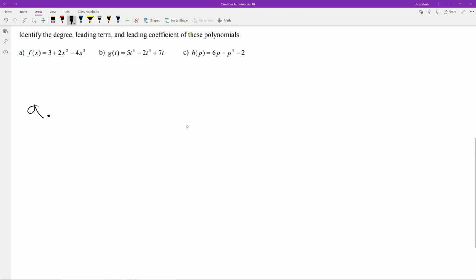Let's see, for f of x here, the highest power that I see, so I have a power of 0 with this first term, with this 3, right? Because that's 3 times x to the 0th. I have a power of 2 with this second term, because x is being raised to the second power. And I have a power of 3 with this third term, because x is being raised to the third power there. So for this function, the degree is 3, because 3 is the highest power of x that I see here.